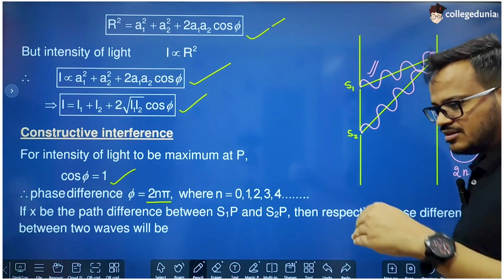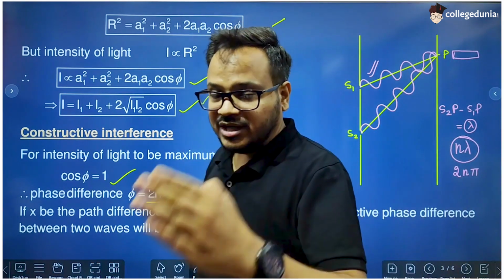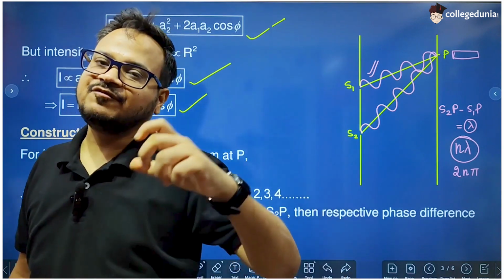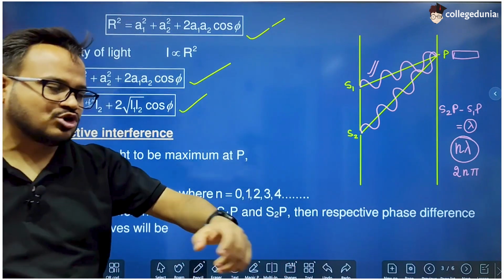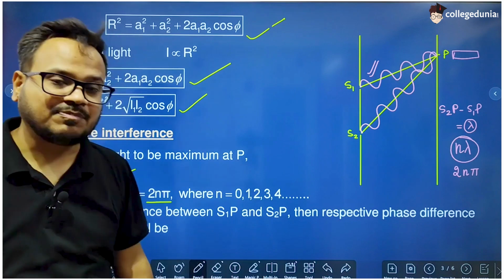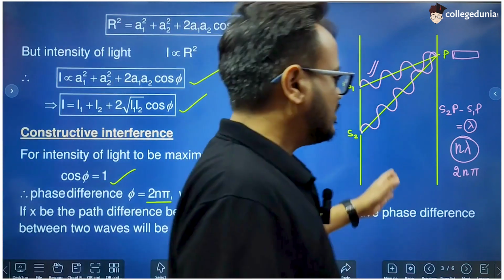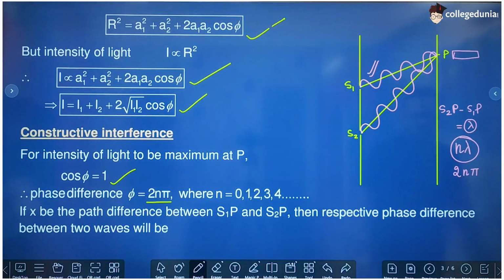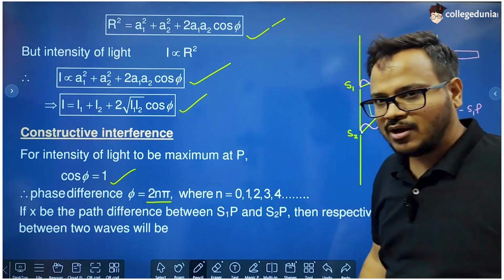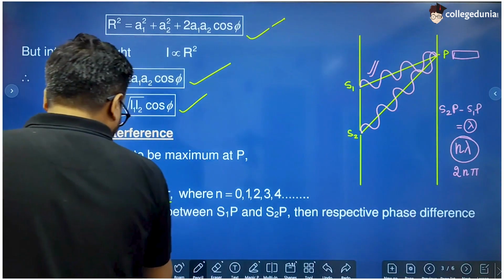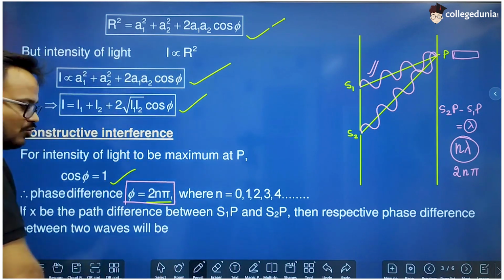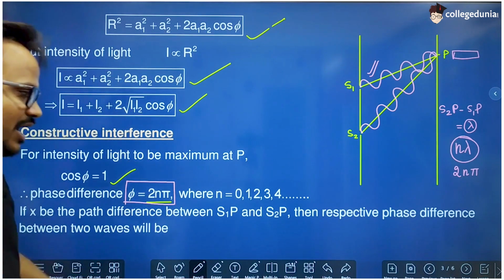When the phase difference is 2 pi, there is one wave shorter. When the phase difference is 4 pi, there are 2 waves shorter. When the phase difference is 6 pi, there are 3 waves shorter. Obviously whenever the phase difference is an even multiple of pi, a whole wave is skipped and constructive interference occurs. So when the phase difference is 2n pi, we get a light band.